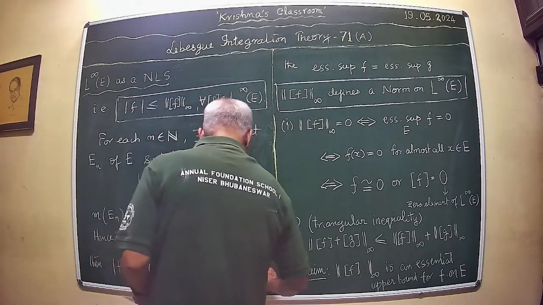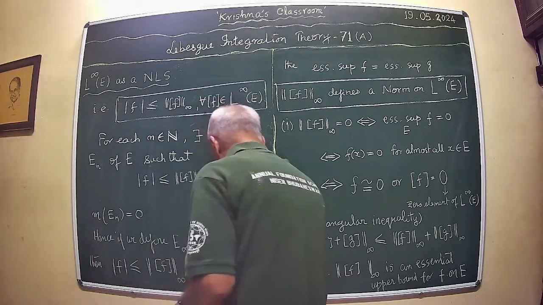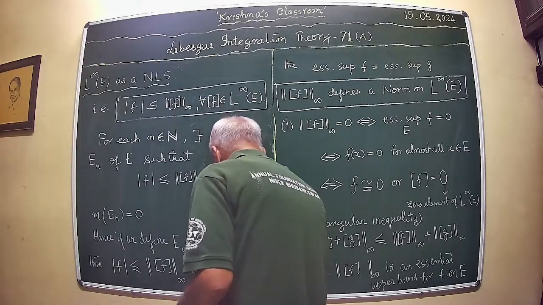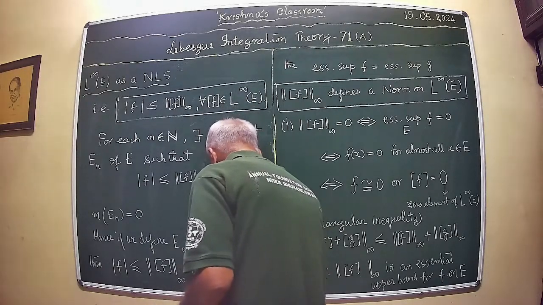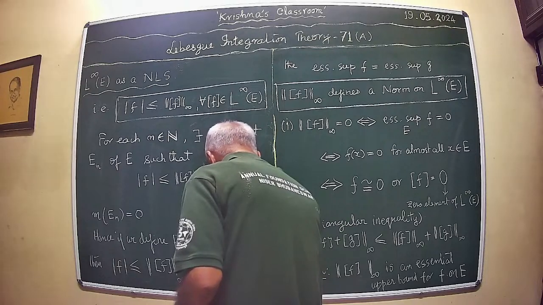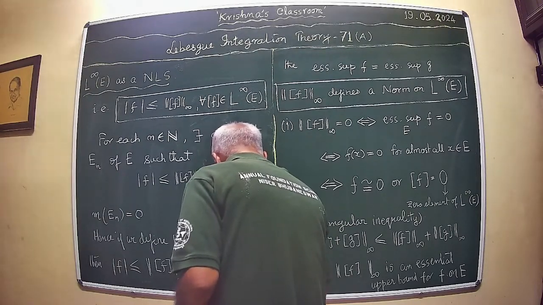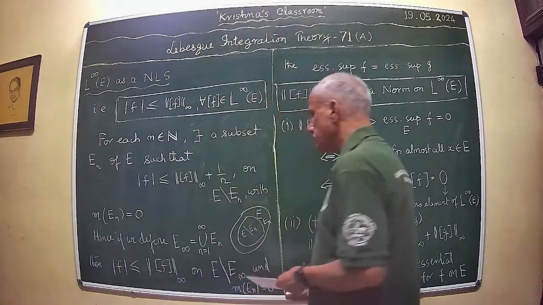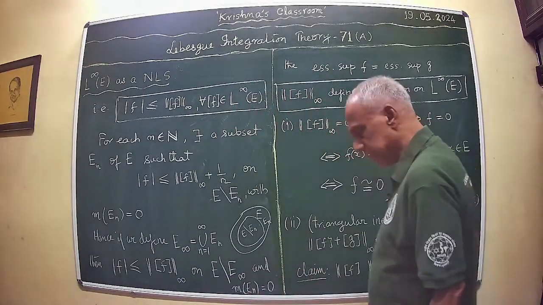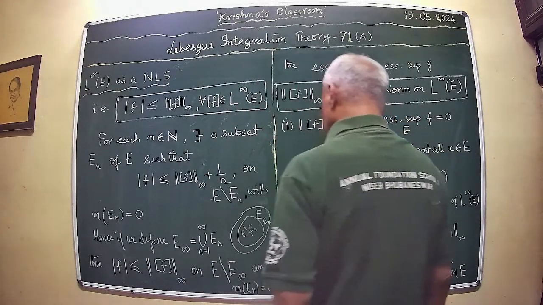And we have measure of E infinity equal to 0, because it's a countable union of measurable sets, each of measure 0.